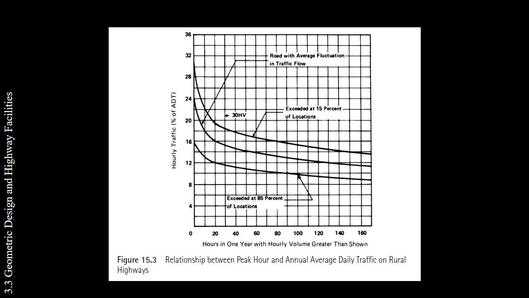As you can see in the figure, the relationship between peak hour and annual average daily traffic on rural highways: the upper graph is exceeded at 15% of locations, the middle graph is a road with average fluctuation in traffic flow, and the third graph is exceeded at 85% of locations.